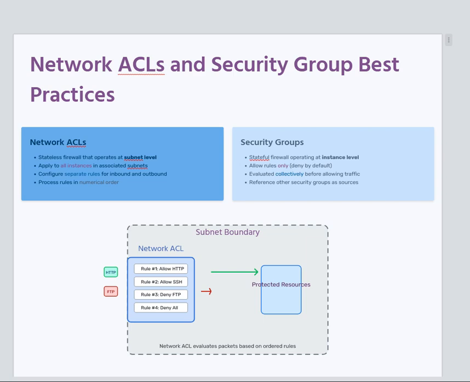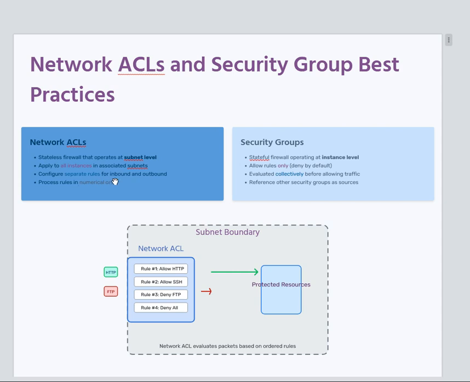Network ACLs operate at the subnet level, right? Let's look at the point-form details. A network ACL is a stateless firewall that operates at subnet level and applies to all instances in associated subnets. So anything in the subnet will have these rules applied.